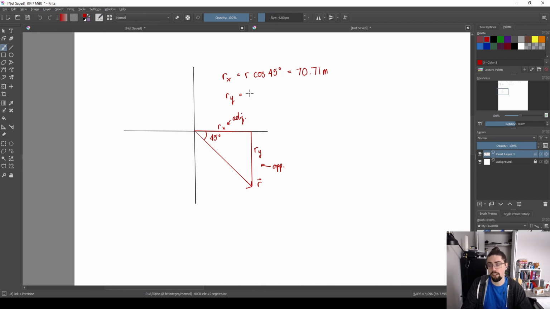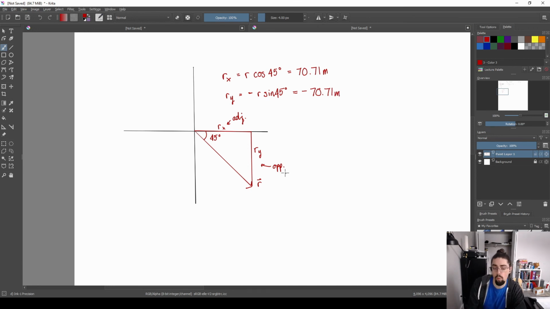I'm going to say this is negative r sine of 45. Because sine of 45 degrees is a positive quantity, right? To make it a negative quantity, I slap a negative sign on the front and say, I know what direction this thing should be going. I see a triangle, I know what direction it should be going relative to positive and negative, so I'm just going to slap a negative sign on it and call it a day. That means that this answer right here would be negative 70.71 meters.